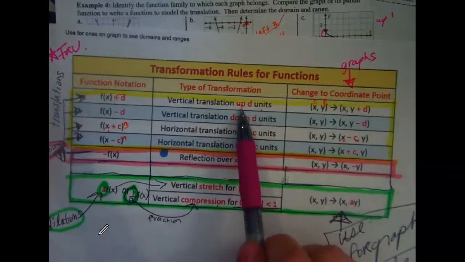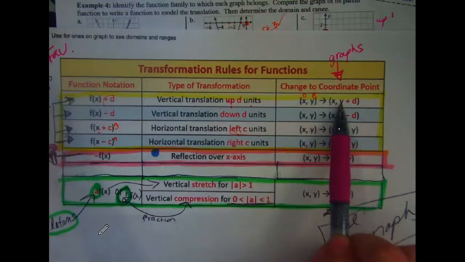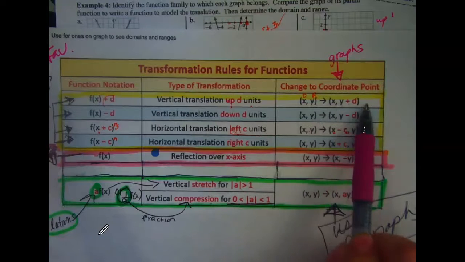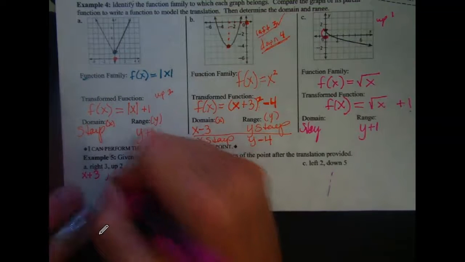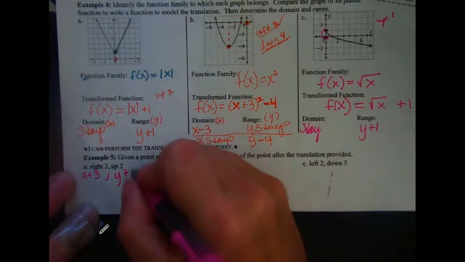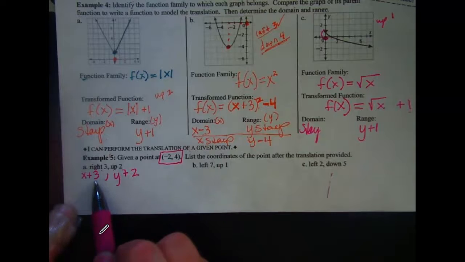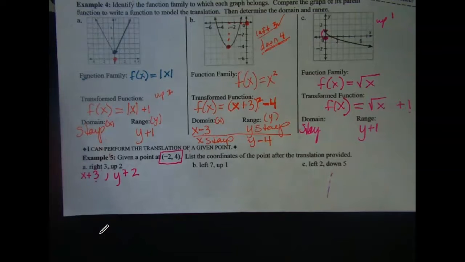And then the up or down, I'm going to look for up or down. x stays the same, and then this is y plus whatever it is. So I'm going to take y and add the 2. Right goes to something to my x, and it's always written the way you would normally see it. We go right or left and then up or down.